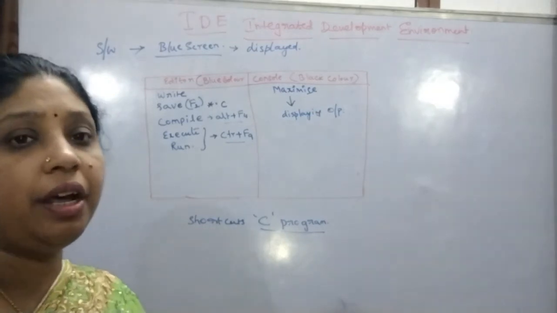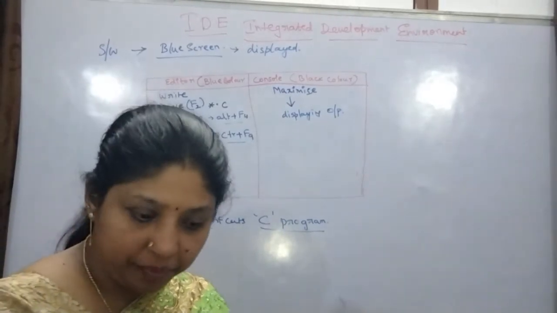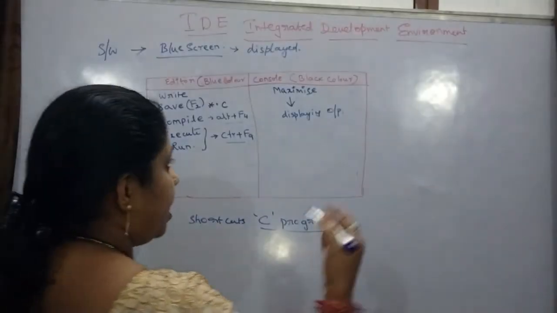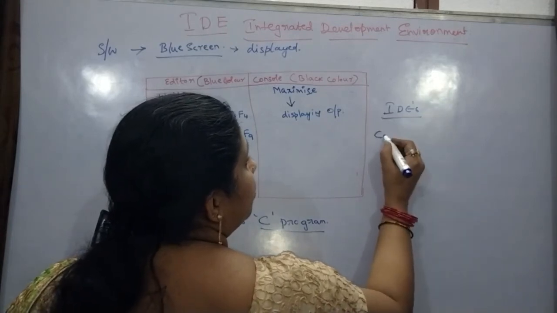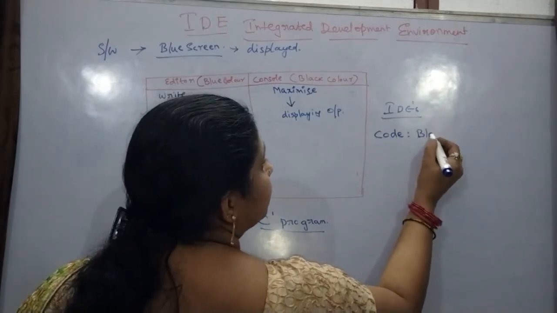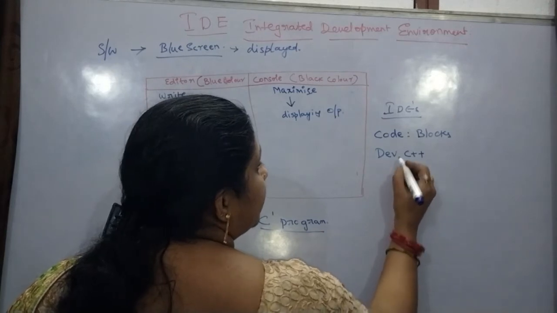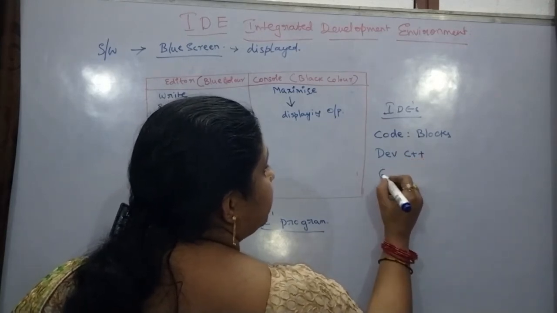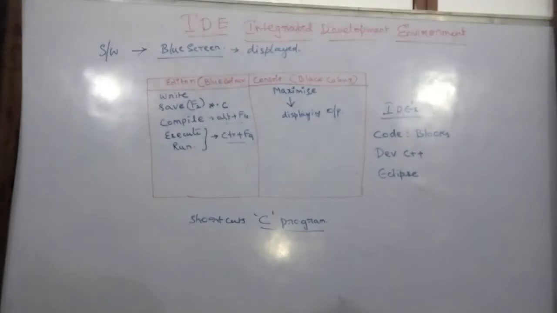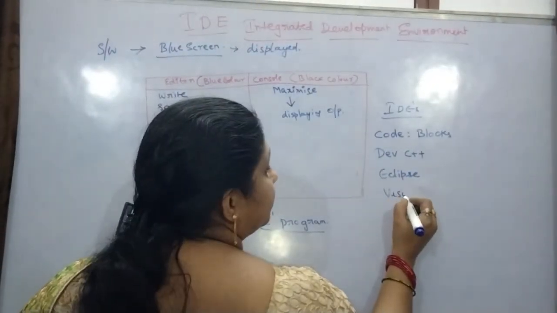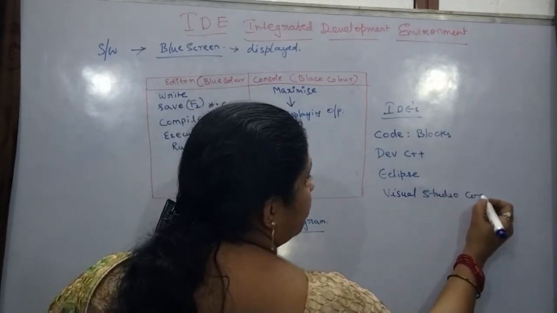Nowadays, there are many integrated development environments, IDEs. The newly used IDEs are Code Blocks, Dev C++, Eclipse, and Visual Studio Code.